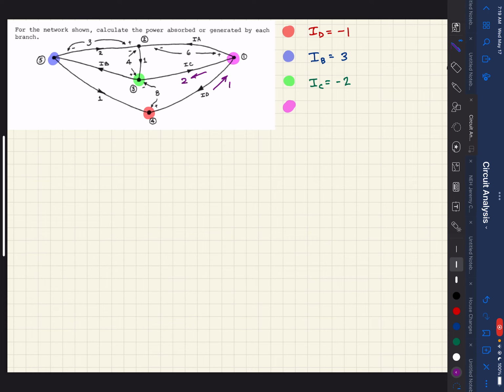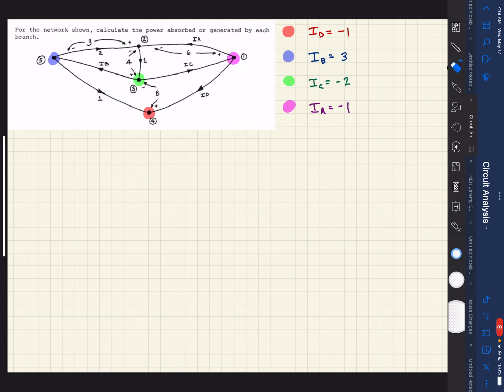And there's only one other path, so remember, energy must be conserved again. If we have 2 coming out, we should have 1 and 1 going in. So we should have 1 amp coming in here. Again, that's in the opposite direction of what we're showing. So therefore, IA should be -1. So now we have determined all of our currents here that we're missing.